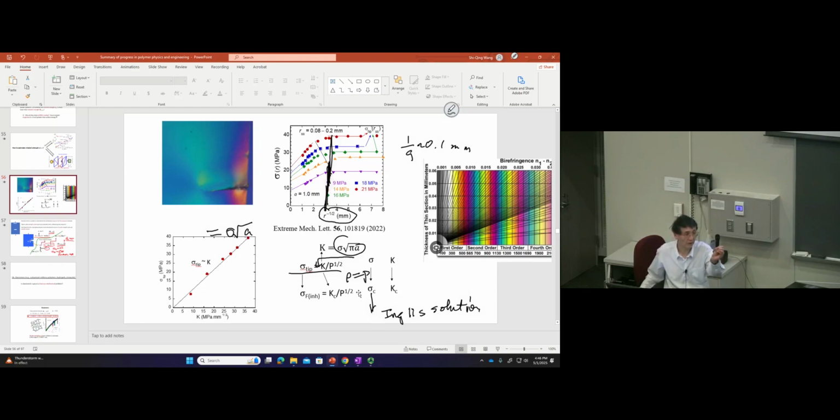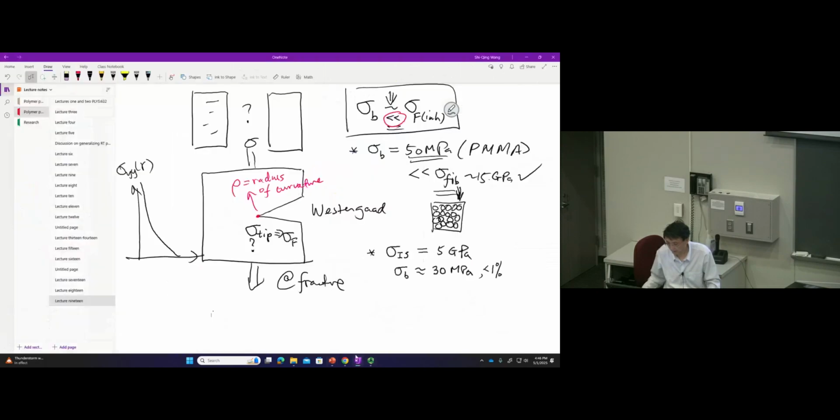And as you break, all that elasticity will be released. So it's not involving a monolayer. And therefore, this whole thing is not a monolayer problem. And therefore, of course, your GC could be much larger than gamma.